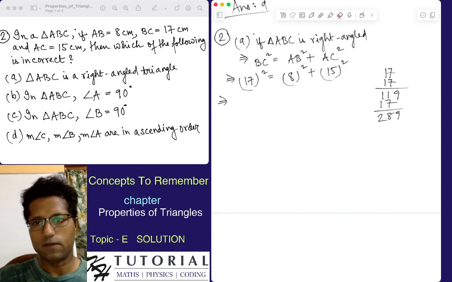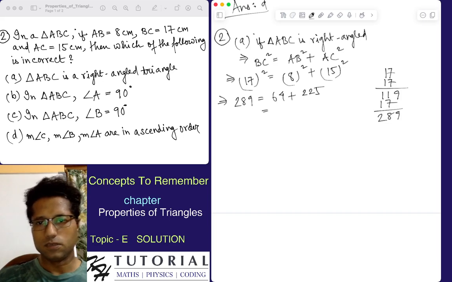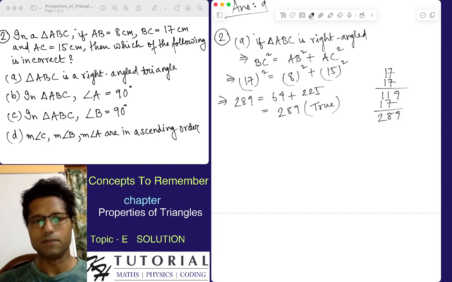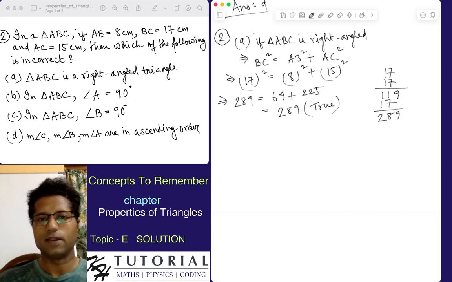So we must have 289 equals to 64 plus 225. Now the right hand side is indeed 289. So this is true. This means A is not the incorrect statement. A is correct. That is, triangle ABC is a right angle triangle.